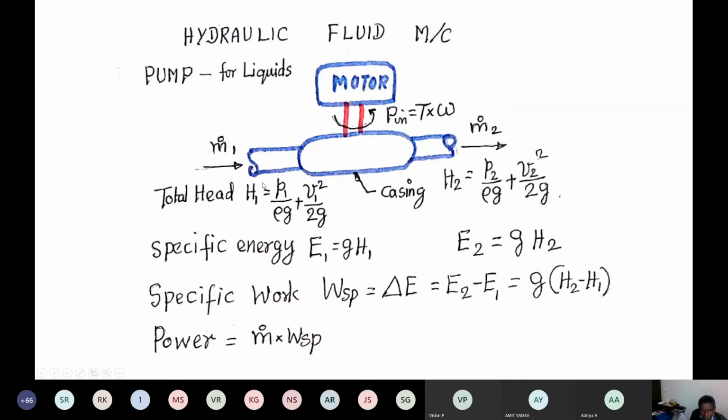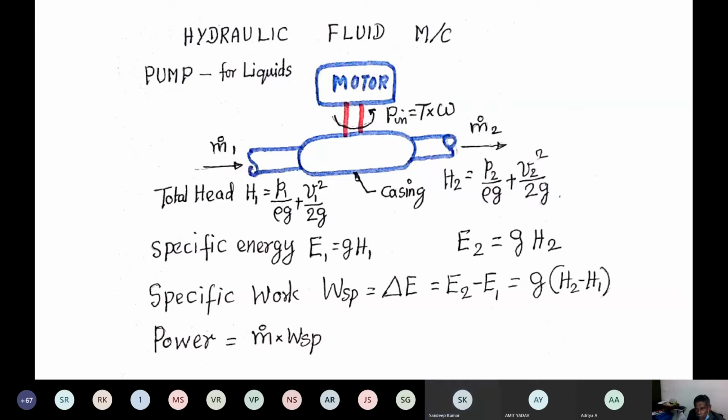Now specific energy at 1 is denoted by E1 equal to gH1. Look at the units. H will have the unit of meters. g is meter per second square. So obviously the product will give you meter square per second square, which is the unit of specific energy.